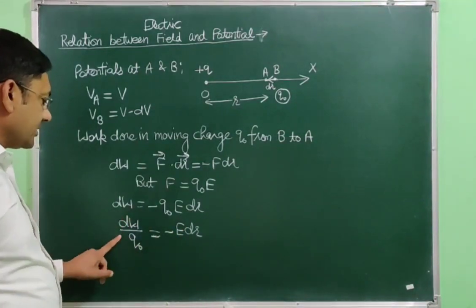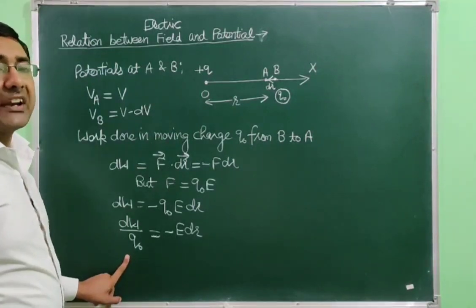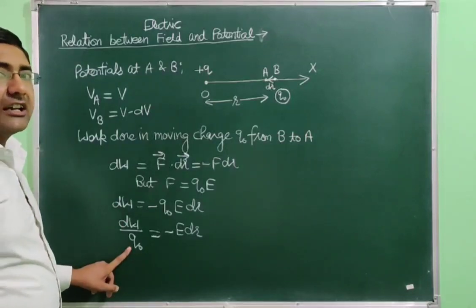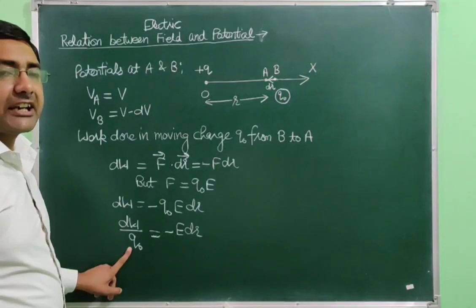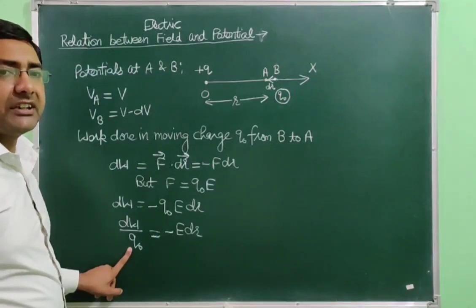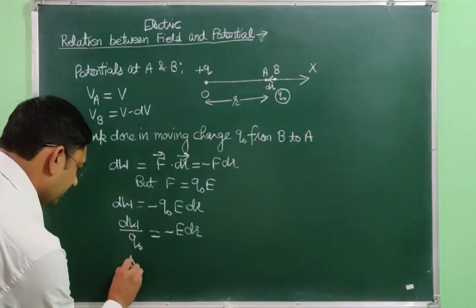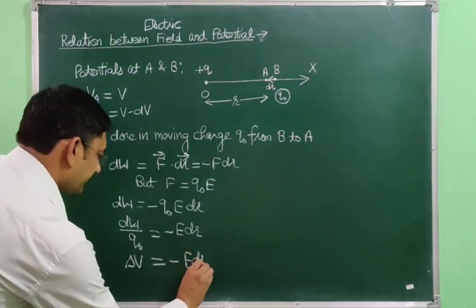Work done per unit charge is the potential difference. Work done in moving a unit positive charge from one point to another is called the difference in potentials between those two points. So this is the potential difference, that is delta V. So delta V is minus E into dr.